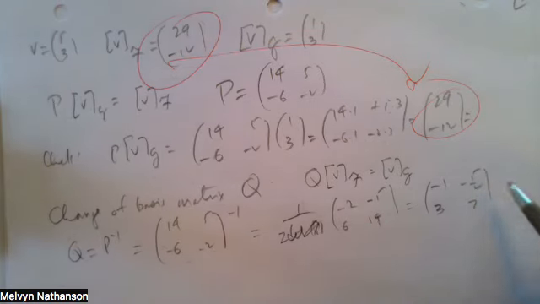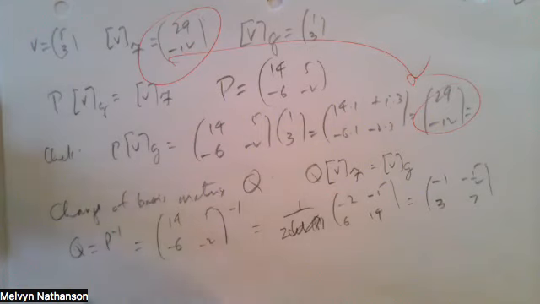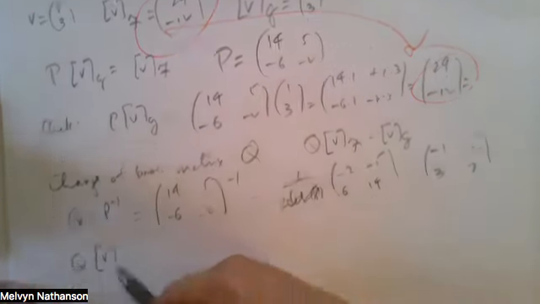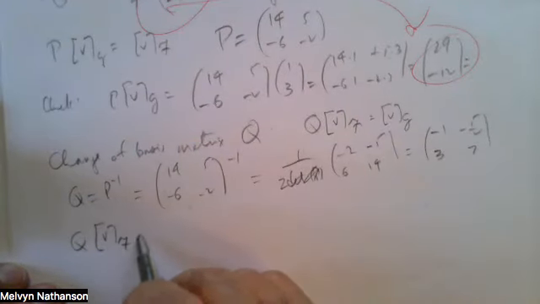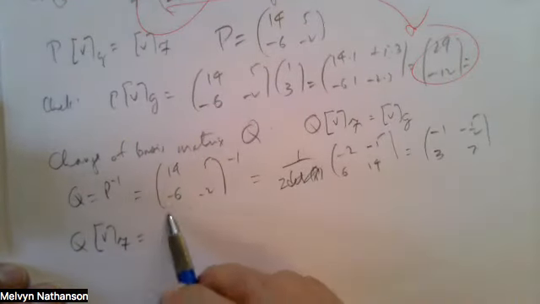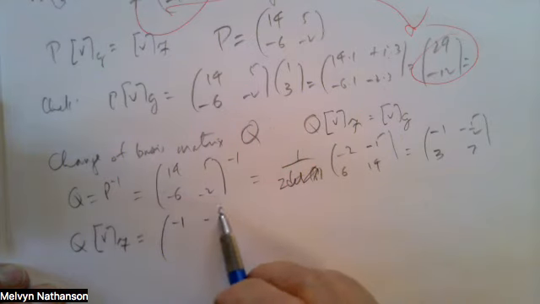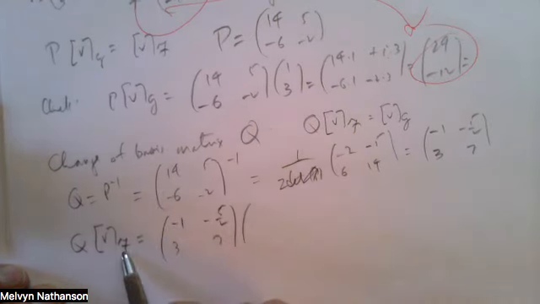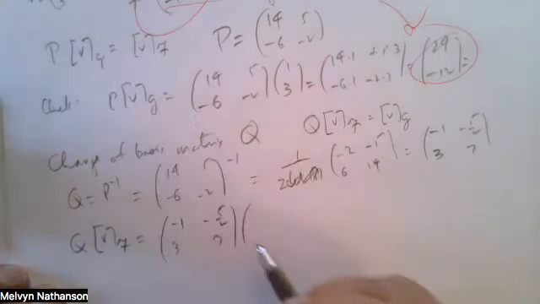And let's just check if you apply Q to the coordinate vector of V with respect to F. This is the matrix Q, minus 1, minus 5 halves, 3, 7. The coordinate vector of V with respect to F was 29, minus 12.